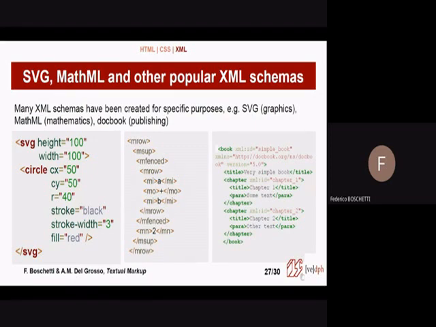So, for example, SVG to represent graphics, MathML to represent mathematical formulae, and DocBook to publish scientific documents, for example, and so on. And there are many of them, and one of these very popular schemas are the schemas of the Text Encoding Initiative that you will study in the next days.